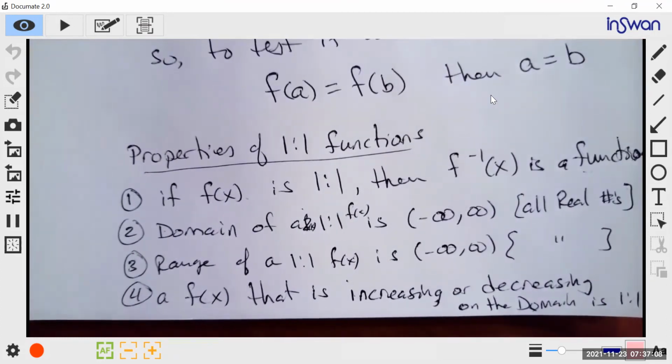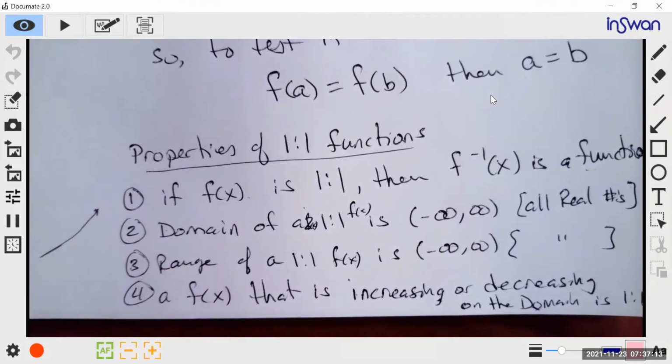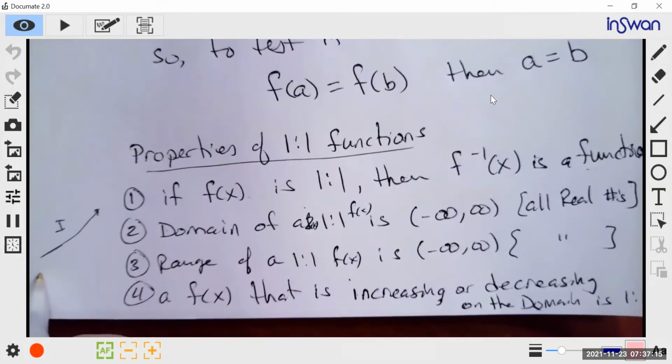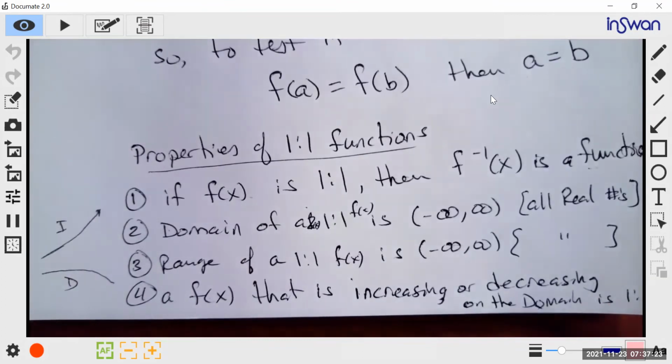Remember, if it's increasing, that means as x gets bigger, y gets bigger. Decreasing, as x gets bigger, y gets smaller. But because of that, it still has to remain a function.